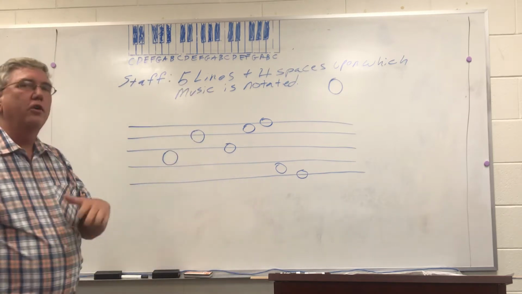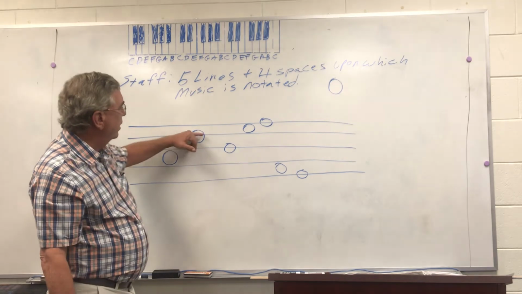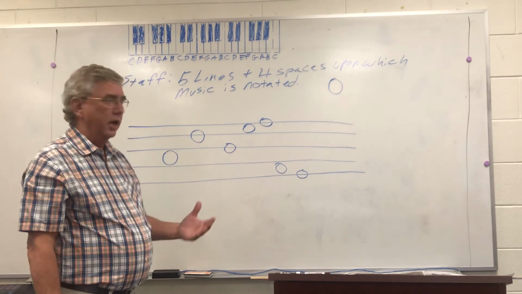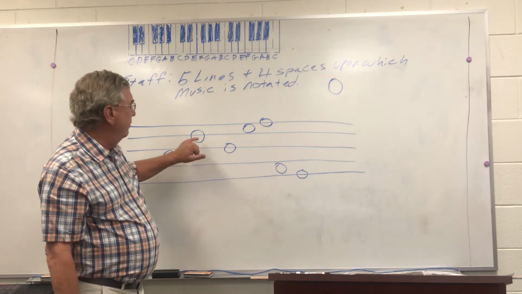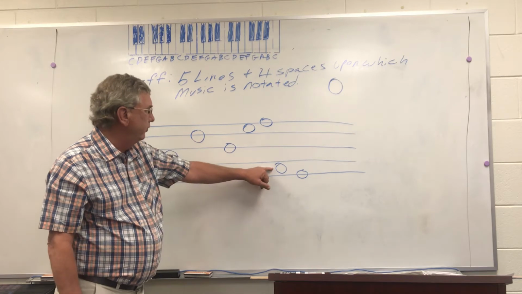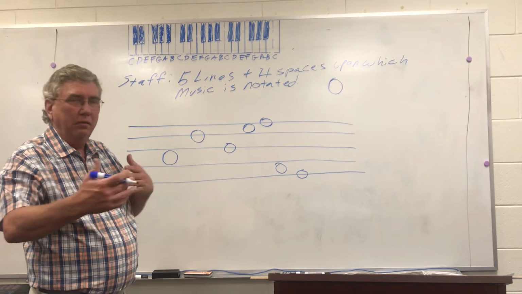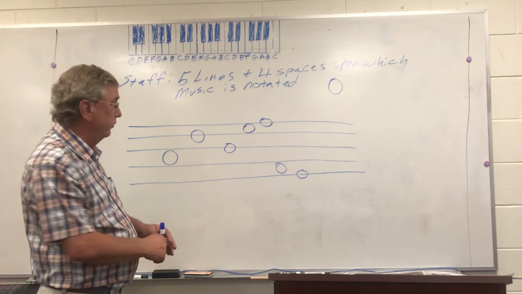A note is either on the line or in the space. If the line goes right through the note, that note is considered to be on the line. If the note is between 2 lines, that means that note is in a space. I can't hear your response, but I'm going to just point at some notes and see if you can tell me line or space.